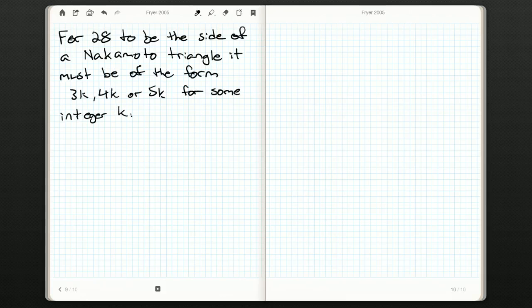Right, we're going to have to find some integer k so that 28 is either 3k, 4k, or 5k. Now the reason it has to be an integer, it can't be some sort of fraction, is because 3, 4, and 5 have a greatest common divisor of 1. And so that would produce some fractional length on another integer side.